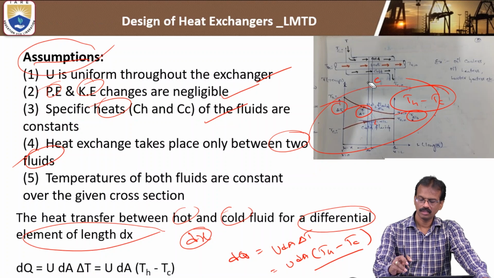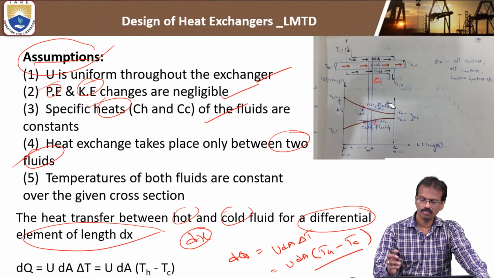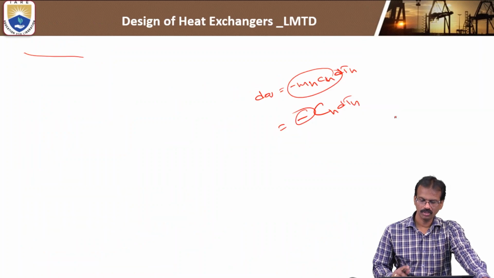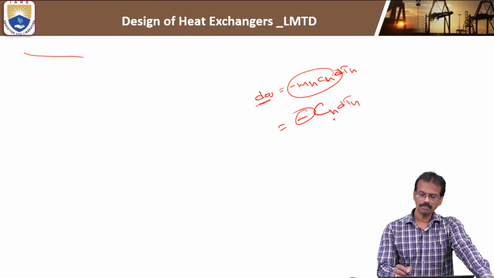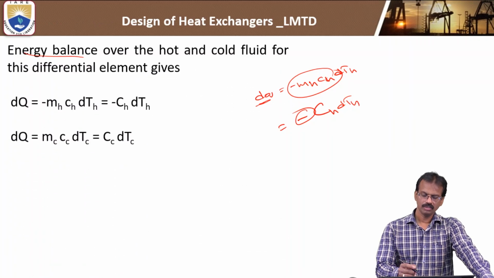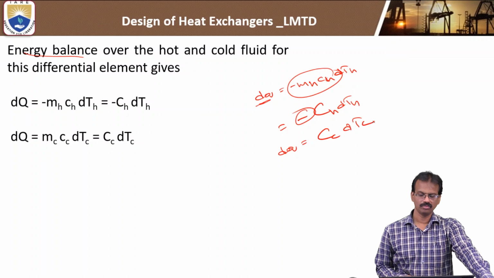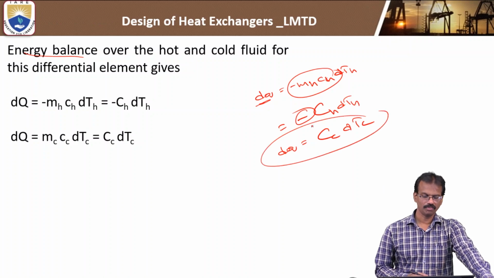For the hot fluid, the heat profile is gradually decreasing, but for the cold fluid it is gradually increasing. So for this one, you can take dq is equal to minus capital CH into dTH. Okay. Similarly, dq for the cold fluid, which has a gradually increasing profile, is capital CC into dTC. Okay, we have to remember these formulas.